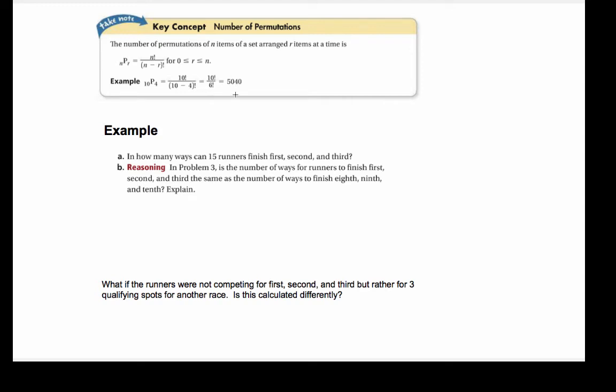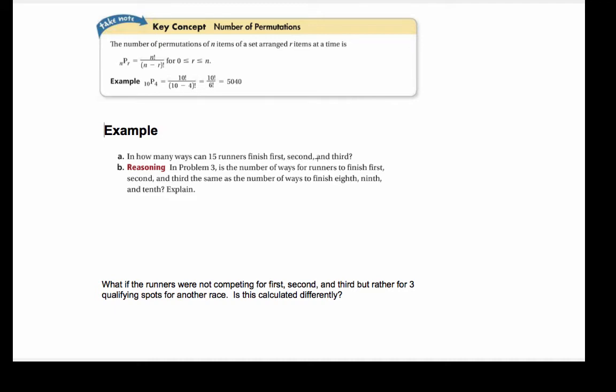So here's an example. Part A says, in how many ways can 15 runners finish first, second, and third? I know we're talking about permutations right now, so it's obvious that we're going to do a permutation here, but the way that we know this is a permutation, because we're going to have different types of problems in just a second, is to look at this and say, okay, I'm taking 15 runners and we're choosing 3 out of that, but not only are we picking 3, we are assigning them a place: first, second, third.